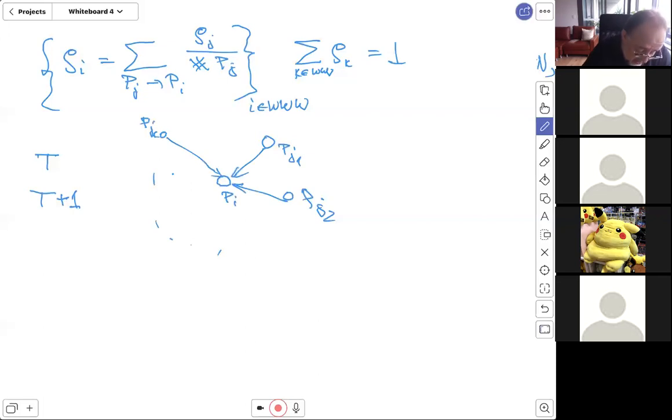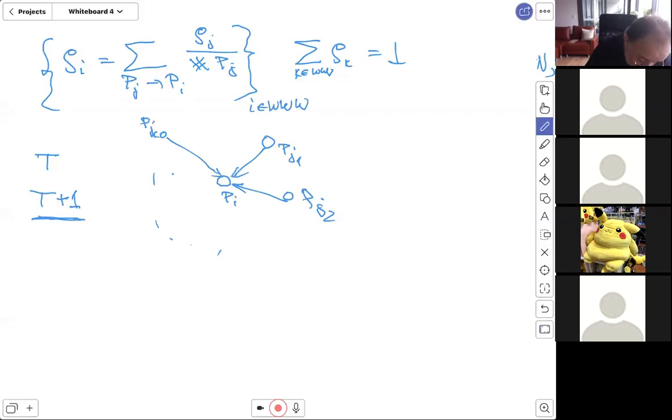And say initially we chose the starting point at random from the web pages. Then it makes the following sense to ask. What will be the probability that after T+1 many clicks, we end up at web page pi?